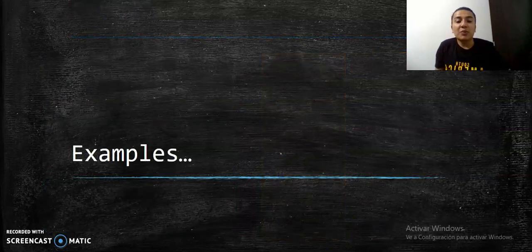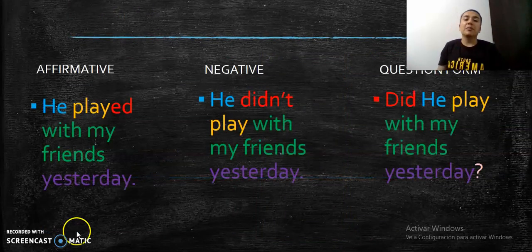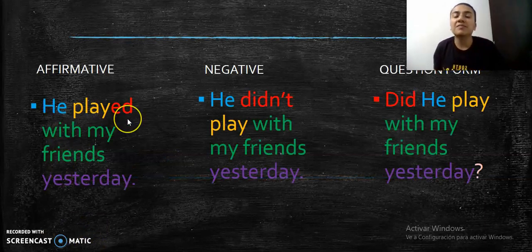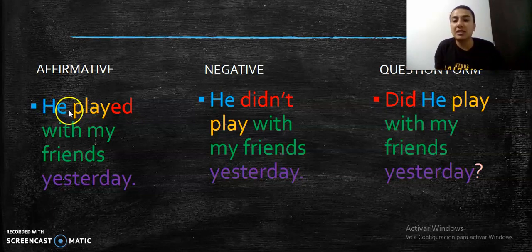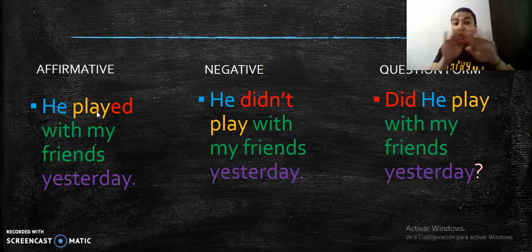Some examples for you to practice and for you to please be very careful. So I'm gonna separate by colors each part of the sentence. So in blue, I have the subject. In yellow, I have the verb, the normal verb. However, since it is affirmative, I have to add the ed, right? Or if it's an irregular verb, I will have to add the past form.